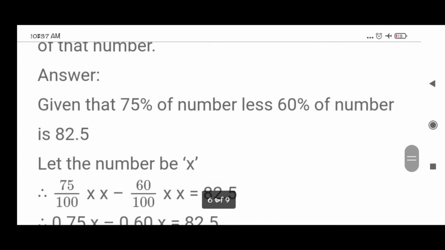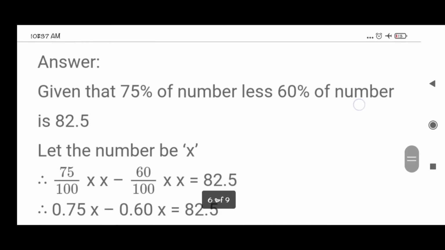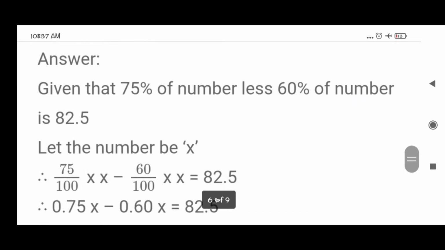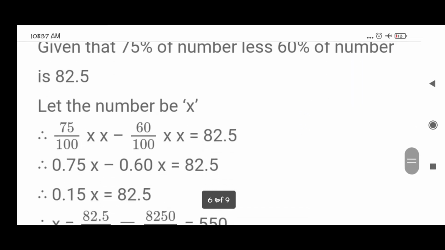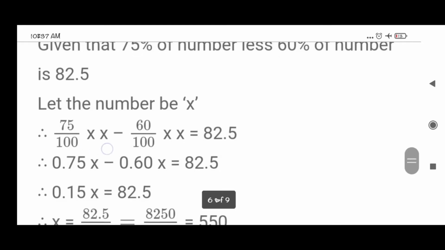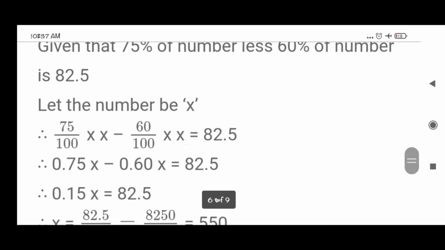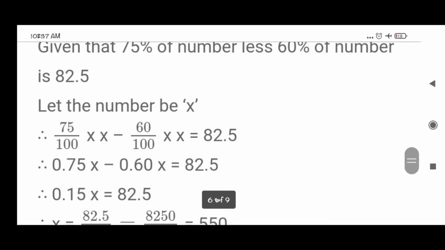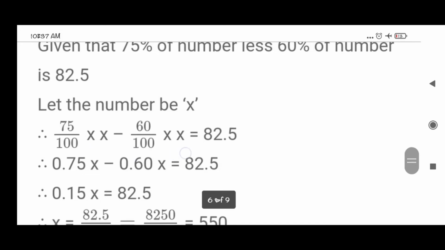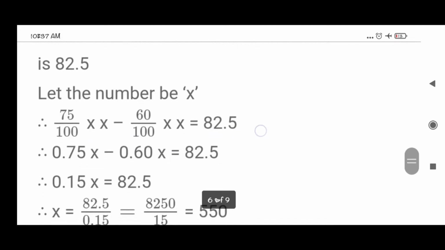Now, given that 75% of the number less 60% of the number is 82.5, already given in the question. So let the number be x. We always keep the number as x because we don't know the number. So 75% of x is 75 by 100 into x, minus 60 by 100 into x, 60%. 75% of x minus 60% of x is equal to 82.5, the answer given.